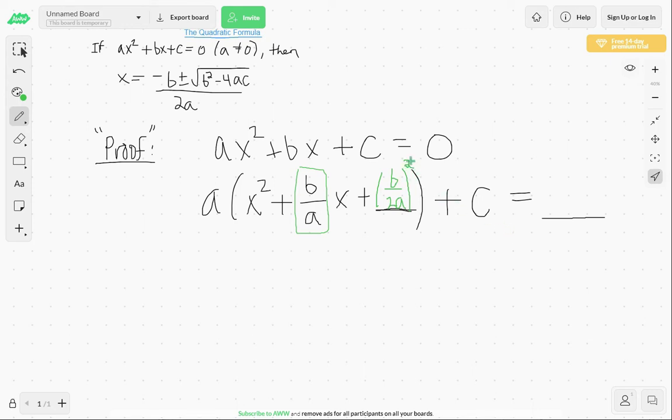Okay, now we've introduced this new quantity to the left-hand side of the equation. We've got a times this, right? So to compensate, I need to add that same quantity to the right-hand side of the equation. A times the green quantity we just inserted, b over 2a quantity squared.